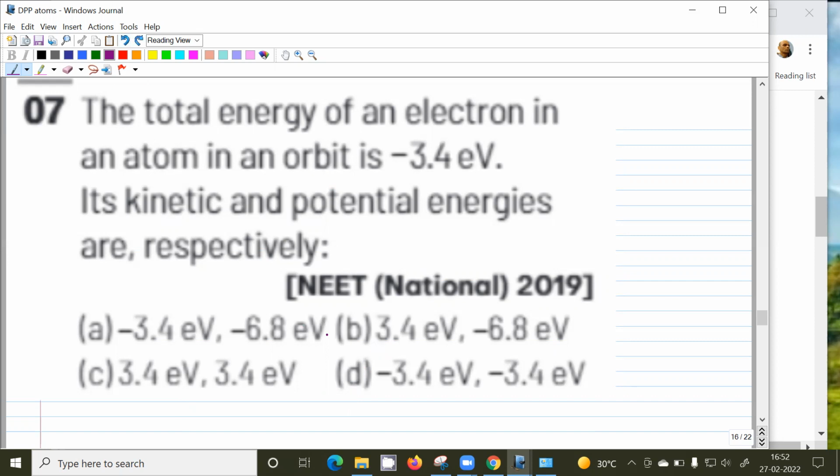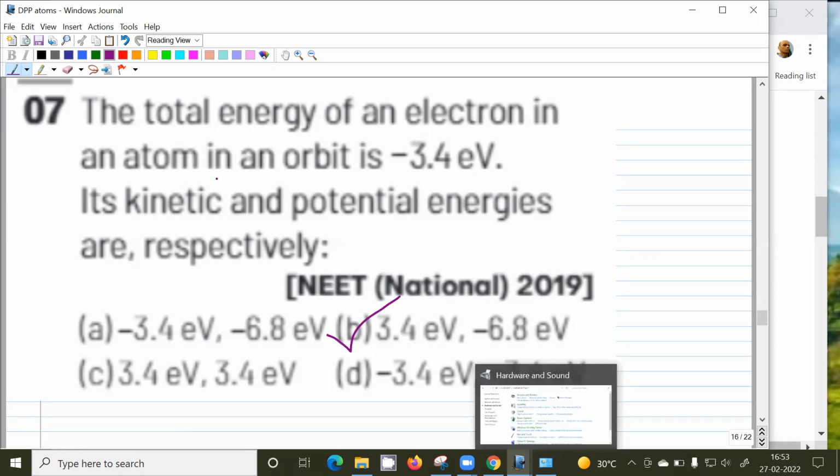First thing is kinetic energy has to be positive. Potential energy is 2 times the total energy in magnitude, with a negative sign. So 3.4. Okay, good.